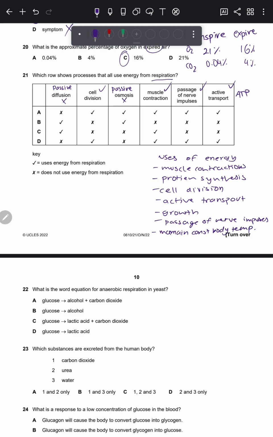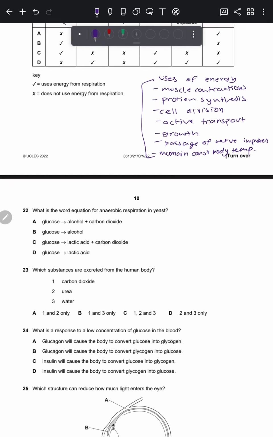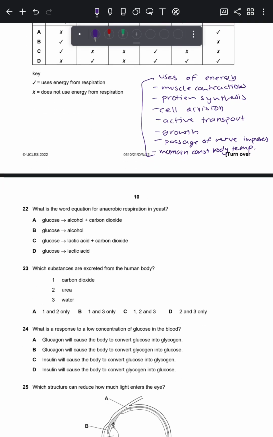These all require energy, and these are all in the syllabus that are specifically stated we must know. So we must learn that.